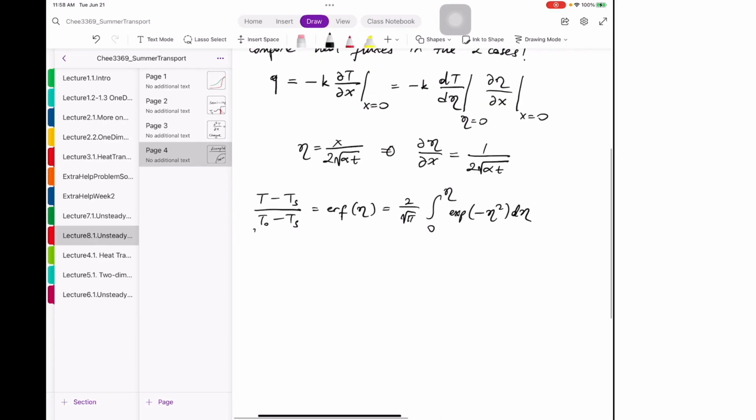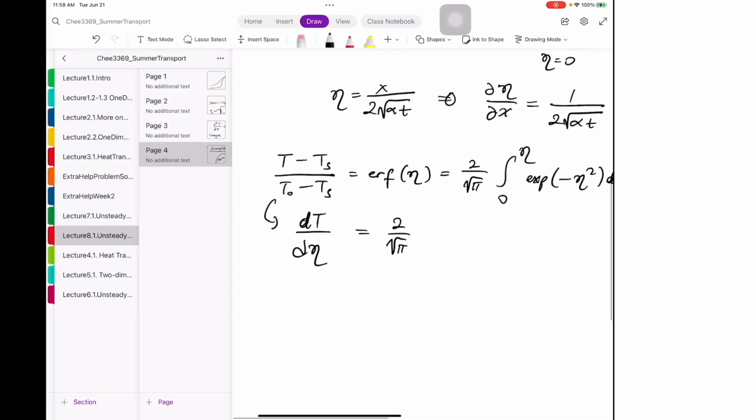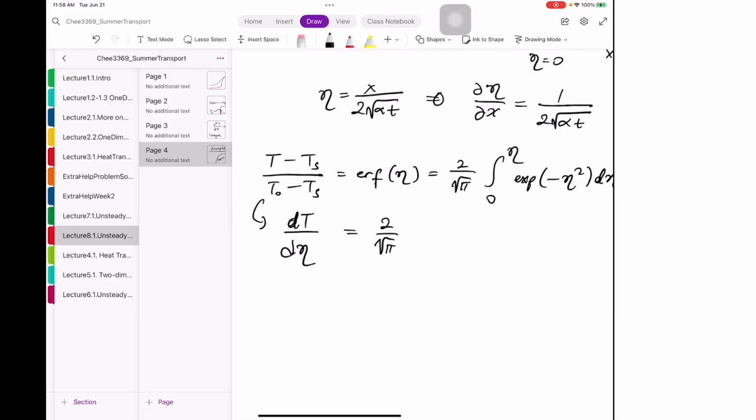And thus, dT over d eta is equal to, actually, I'm sorry, you also have 1 over T0 minus Ts, because I would like to take the derivative of both sides.